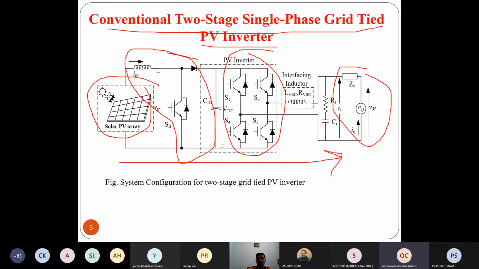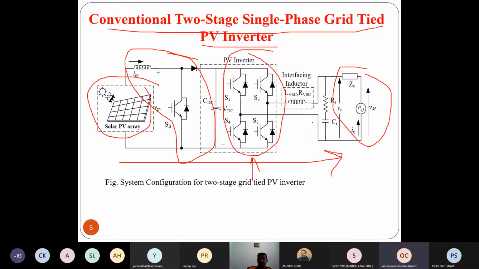So now one point, if you remember, in the introduction we discussed the utilization factor. So what is the utilization factor of this VSC, this power converter? How much time are we using this PV inverter? This is a grid tied PV inverter, and we are not having any kind of load there. So it is utilized hardly 5 to 6 hours in a day.